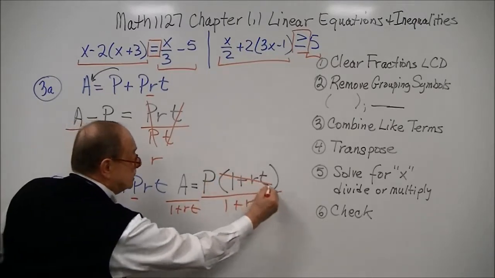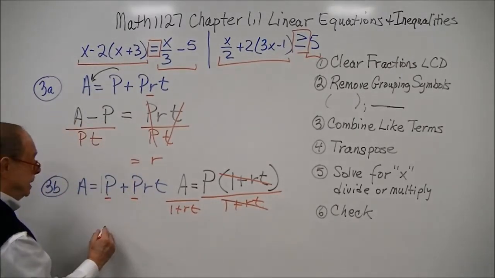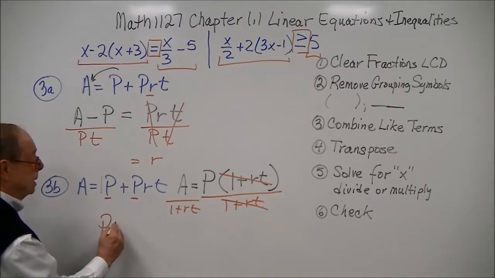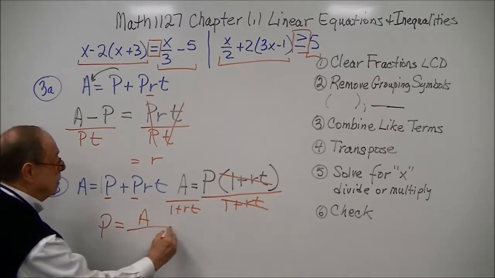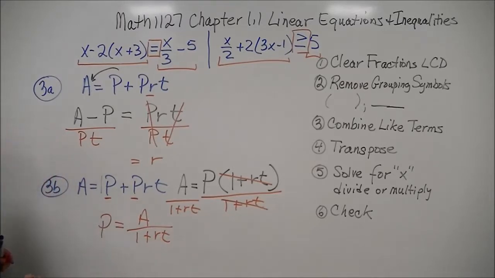So here, the 1 plus RT's cancel out, and I get then P equals A over 1 plus RT. And that's a formula that you'll be using from time to time in Chapter 3.